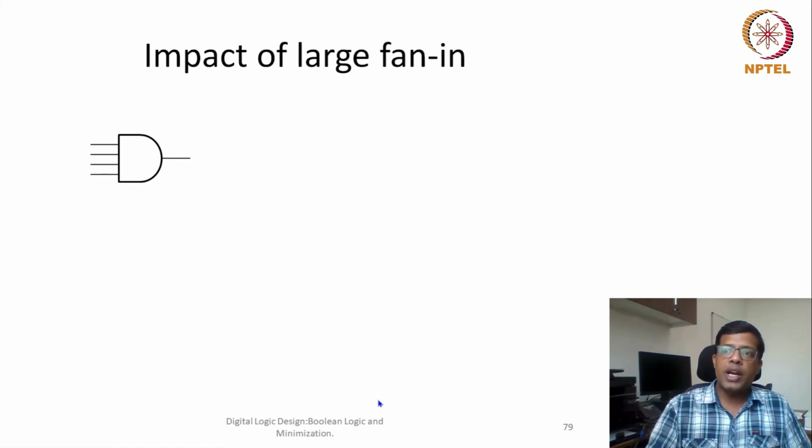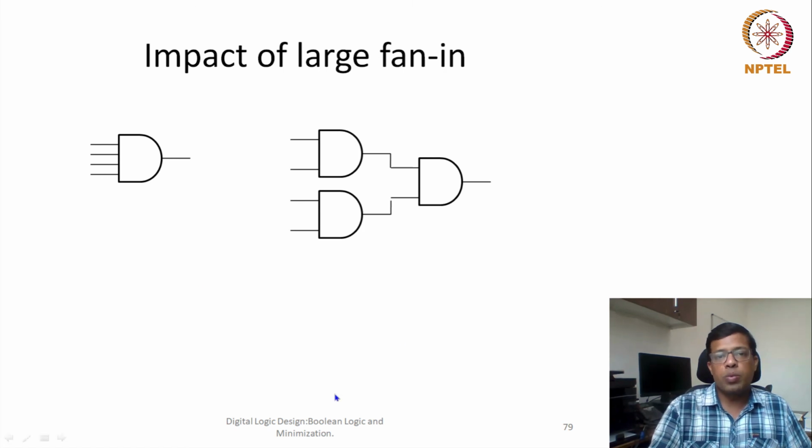Now this 4 input AND gate, we know that the distribution law applies over the AND gate, so this 4 input AND gate can also be written as, let's say this is A, B, C, D, and so A and B could be ANDed, C and D could be ANDed, and finally the outputs of these AND gates can also be ANDed. So these two logic expressions, or these two gate implementations, are actually equivalent.